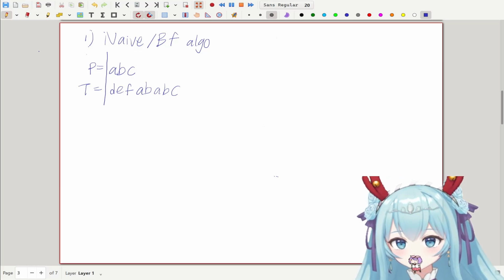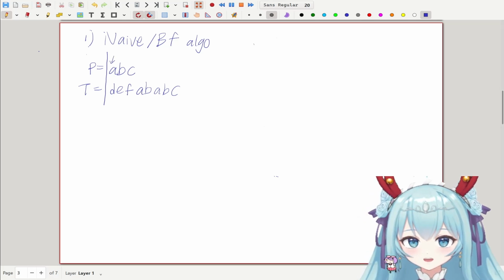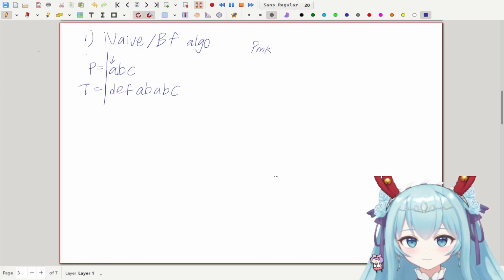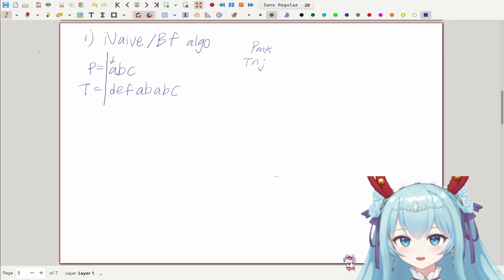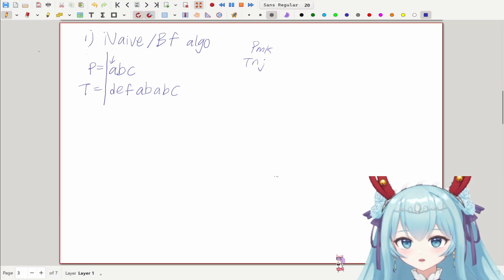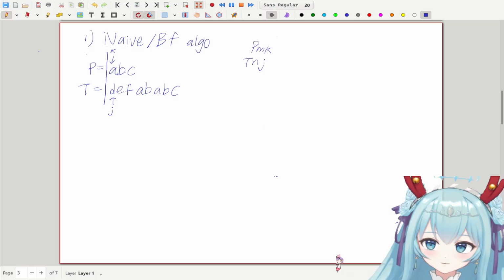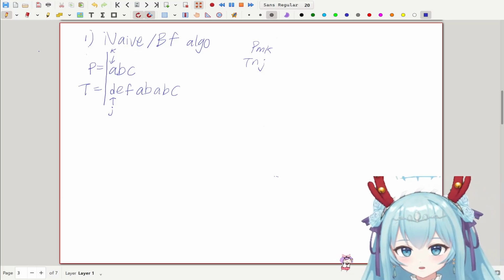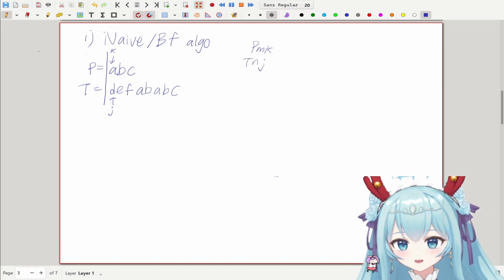And what we'll do first is, remember, let me write it over here. Remember there's PMK and TNJ. So for P, you have the pointer K, and for T, you have the pointer J. So what we'll do first is compare K and J, as in the characters at K and J. So in this case, they are clearly different.